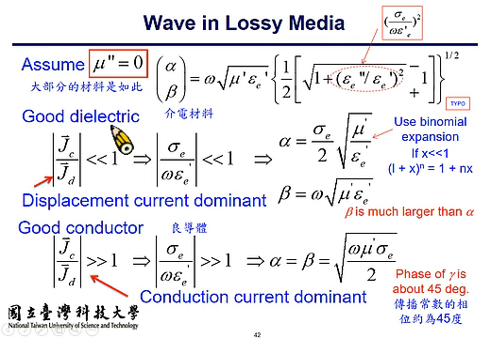So if alpha and beta are equal, then you end up with a gamma whose phase is 45 degrees. So this is an interesting fact, that the phase of the propagation constant is 45 degrees for conductors.